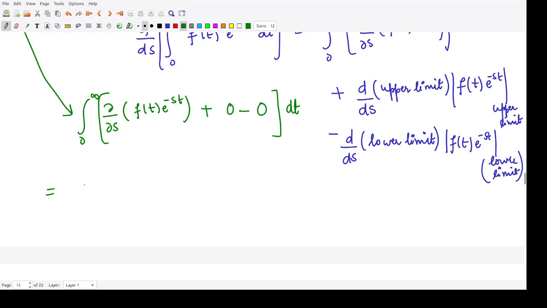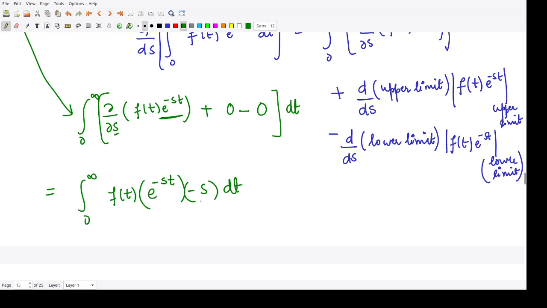So we would have integration from 0 to infinity, the value of this derivative. Now because we are taking partial derivative with respect to s, this f of t would come as such, and then we'll take only the derivative of e to the power minus st. So this is what we got from here.